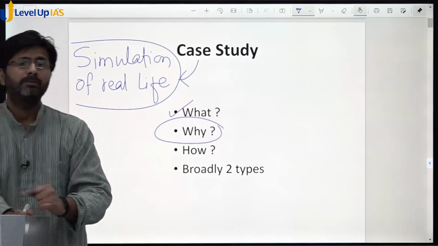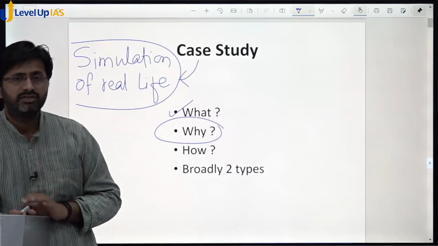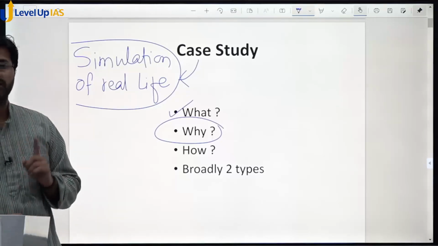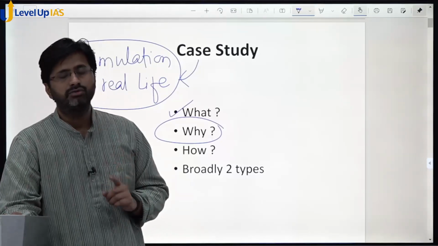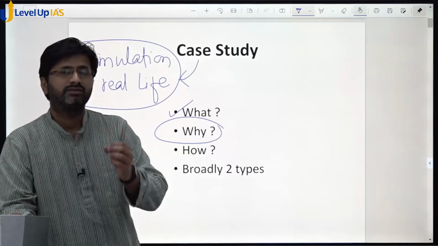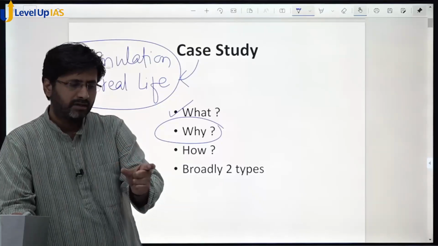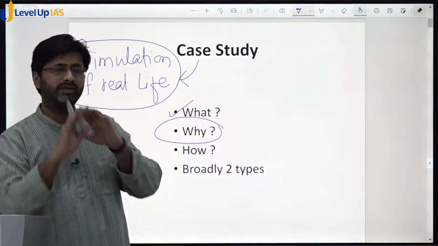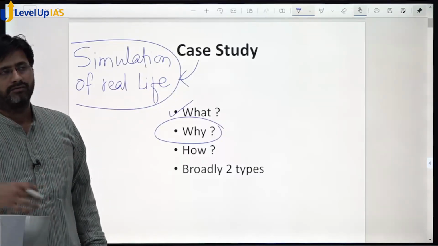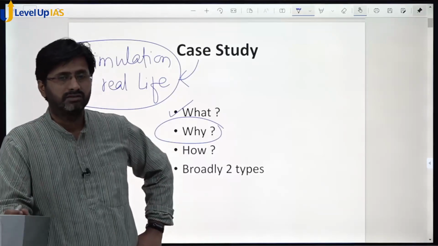This is mainly to see in which direction and in what way you are able to solve the particular scenario. Whatever situation comes in front of you is extracted out of a very complex situation, which would be the case once you start working as an administrator, DM, SP, or whichever service.